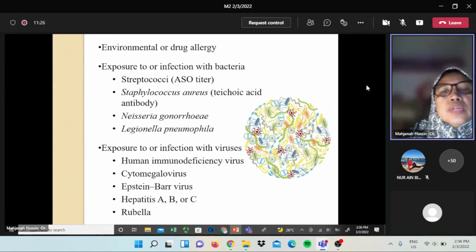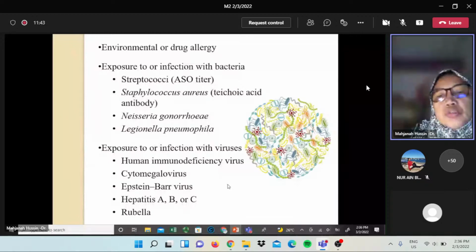So you look at the titer against streptococci, and then many types of diseases as well. And not only that, if you are exposed to viruses, these are among the viruses that can be detected through the presence of antibody against these viruses.